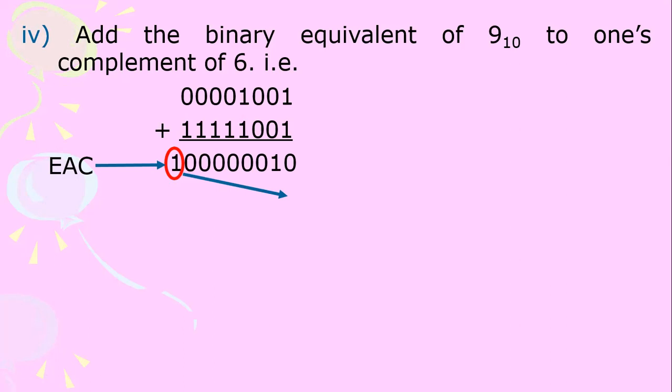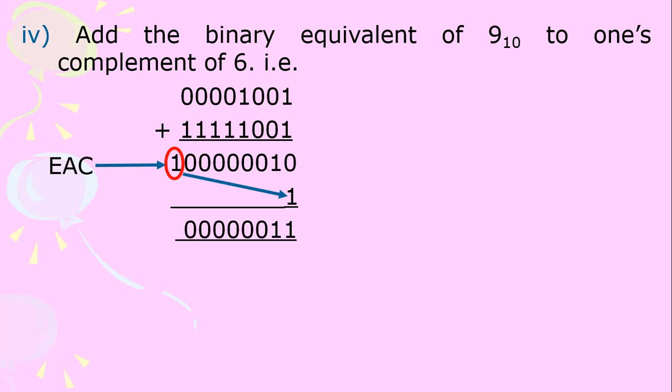So that 1 that we have carried and written at our last step is what we call the end-around carry. So pick that 1 and add it to the result. Remove that carry from where it is and add it to the result. So that gives us 0 plus 1 is 1.